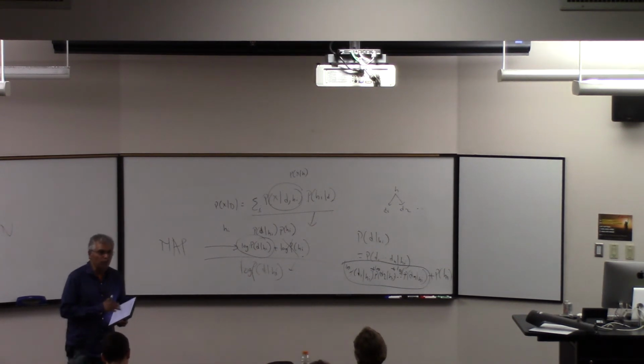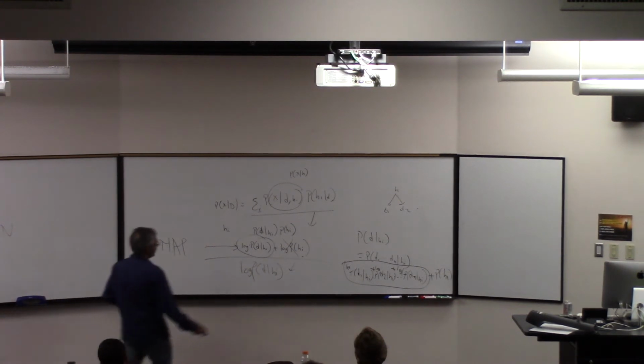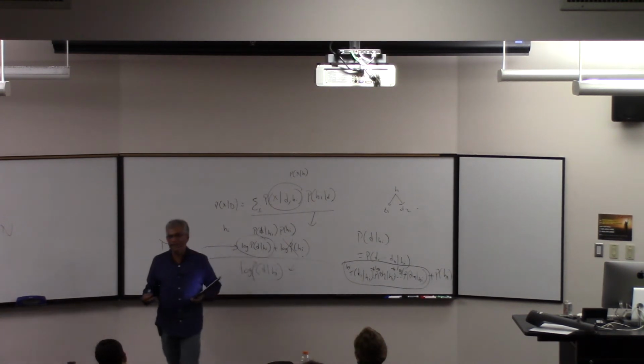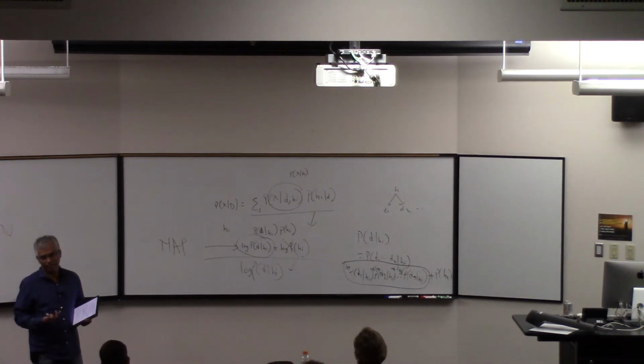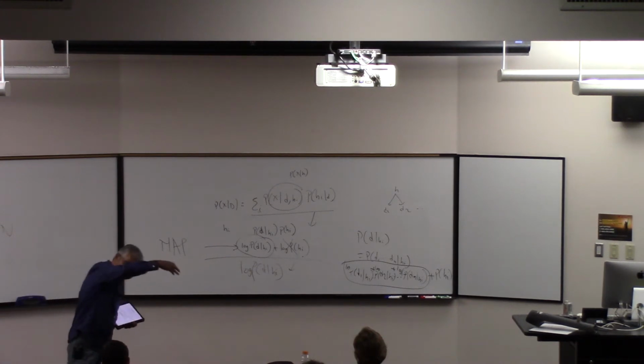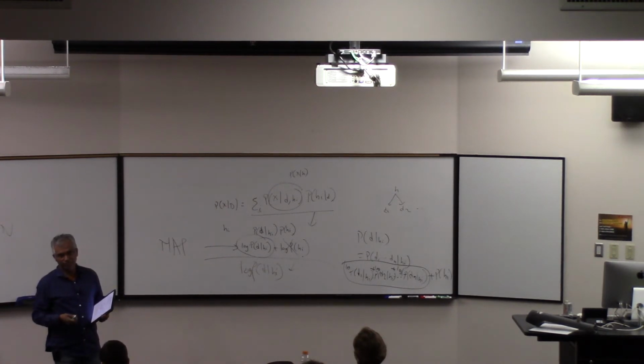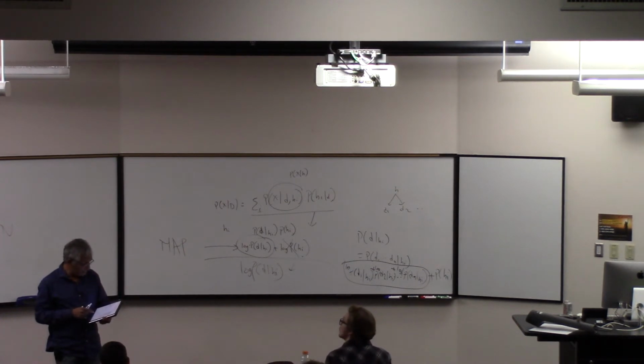So for the fully large data case, maximizing likelihood is as good as maximizing a posteriori probability, which then maybe is as good as Bayes. But for small amounts of data, that's not the case. Okay? So that's basically Bayes networks.